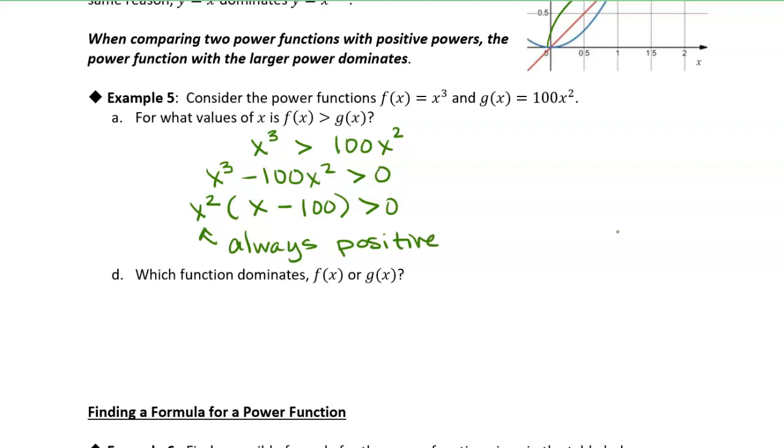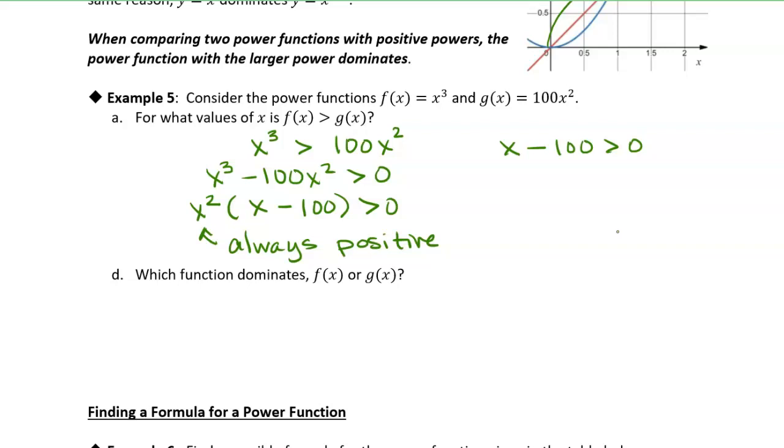So the thing that's going to determine whether this is positive or negative is just this factor of x minus 100. So really now we just need to look at where x minus 100 is greater than 0, because when x minus 100 is greater than 0, then the whole thing is going to be positive, right? This whole x squared times x minus 100 is going to be positive, because the x squared is already positive.